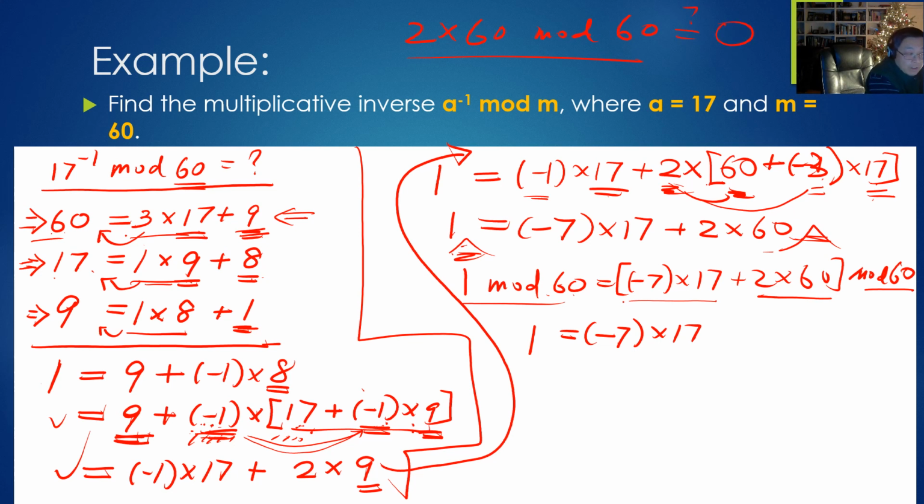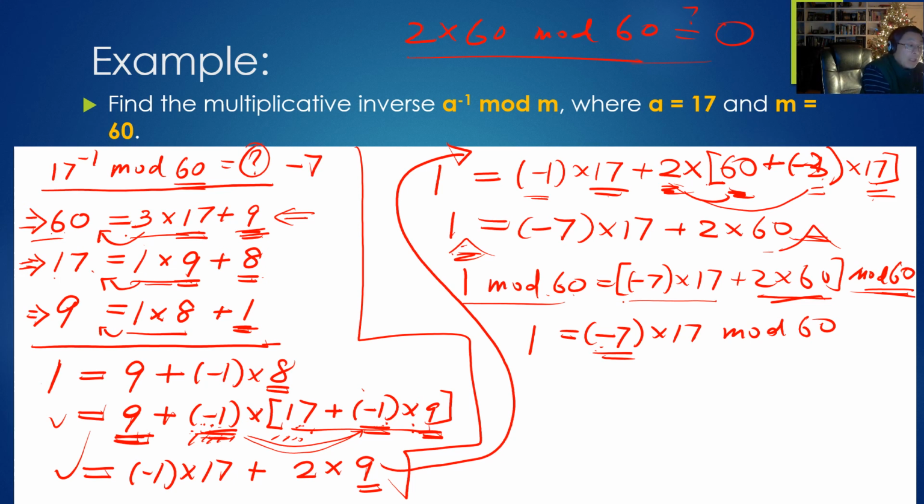Because when 2 times 60 is divided by 60, I got a quotient of 2 and the remainder 0. So the second term actually disappears after the mod 60. So what I get is -7 times 17 mod 60. So I can prove that yes, -7 times 17 mod 60 is 1. So -7 is the multiplicative inverse.